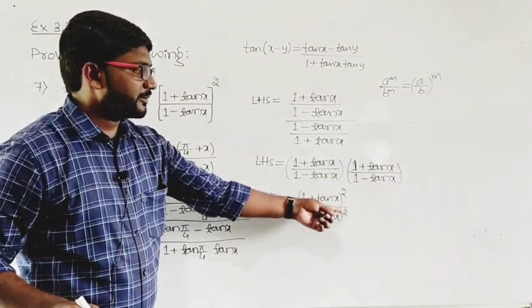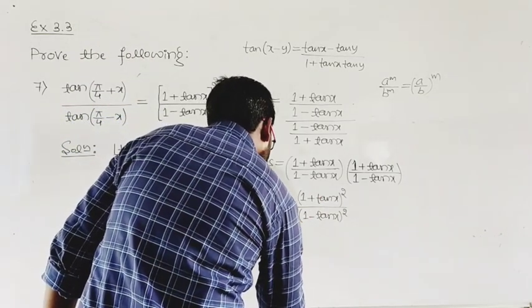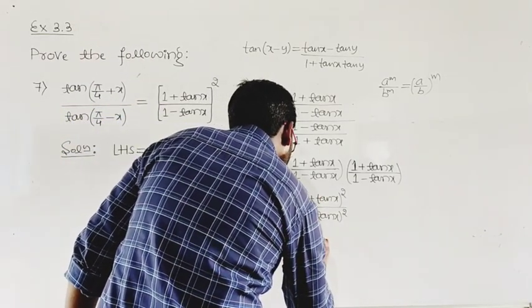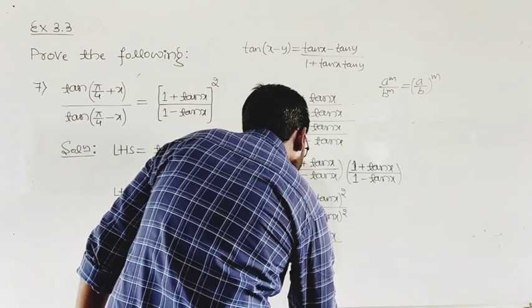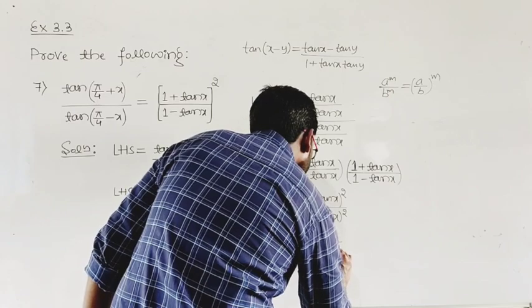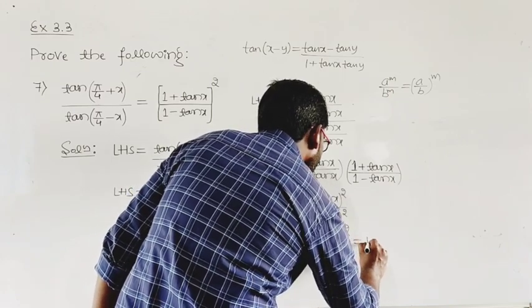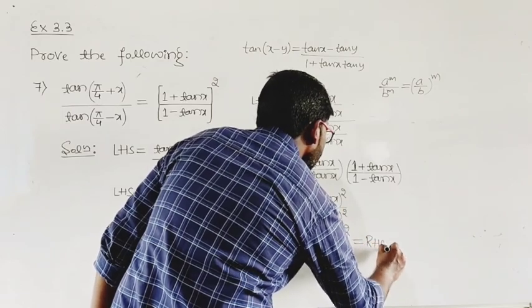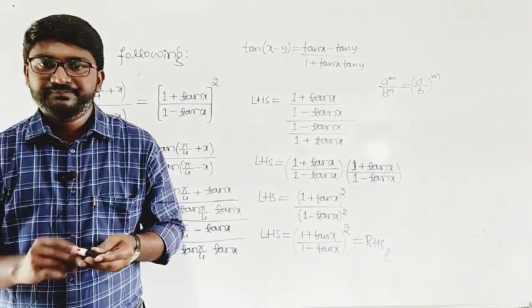So we can write this square common for these two. So the final answer will be LHS, which is equals to 1 plus tan x divided by 1 minus tan x the whole square. This is the required RHS. So this is all about the 7th problem.